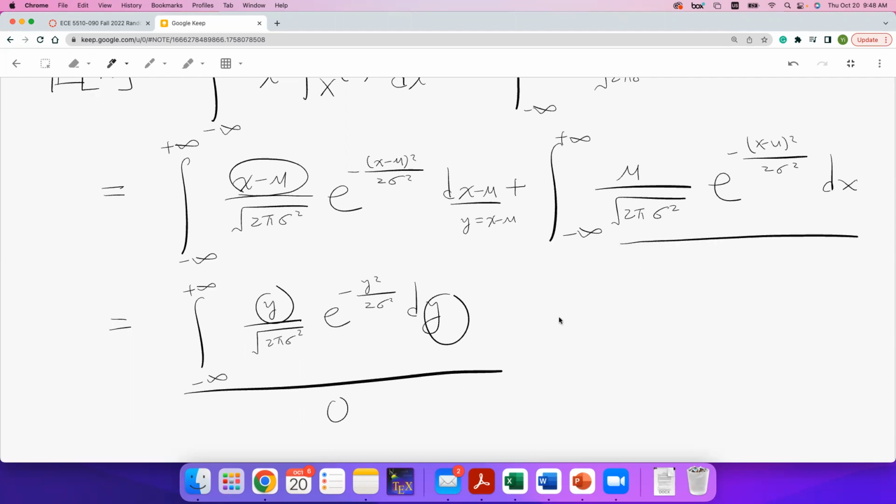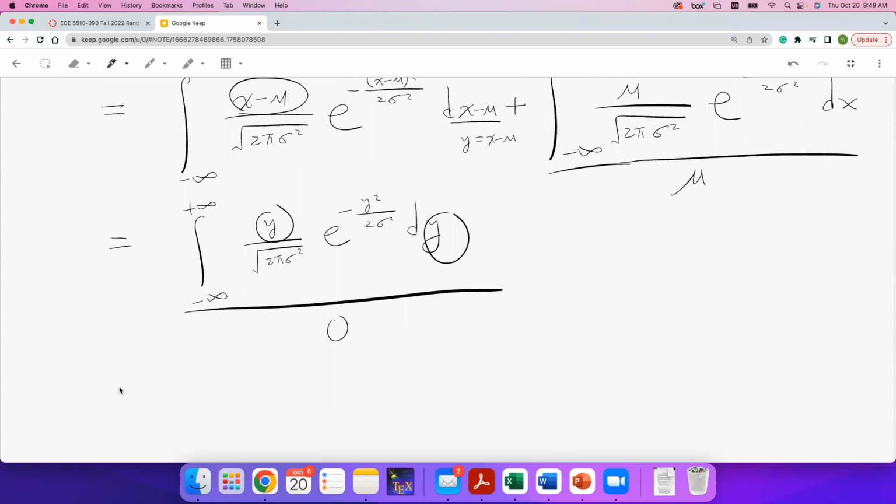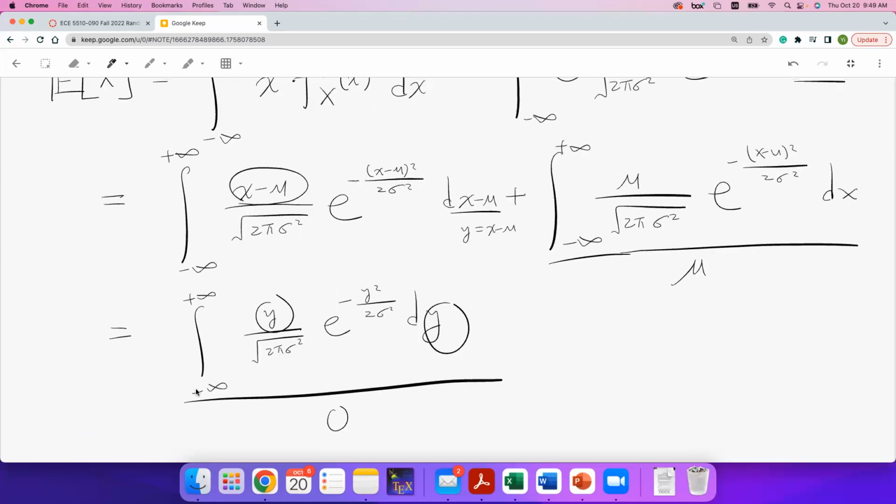Whereas this term is the integration of e to the power of negative quadratic x squared. I think we need to rely on some integration formulas. This integration turns out to be mu. So in the end, the answer is mu. And you have to refer to some references for this integration.